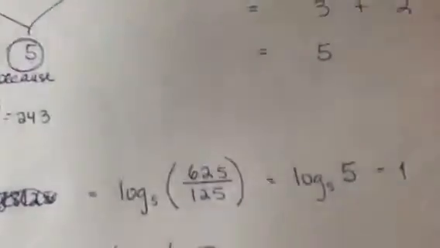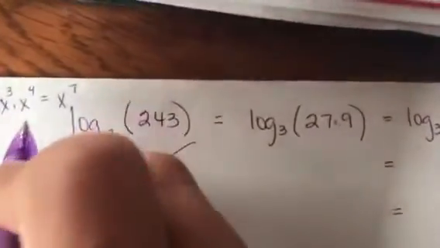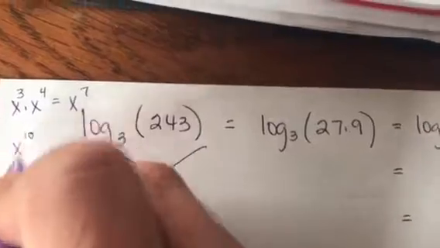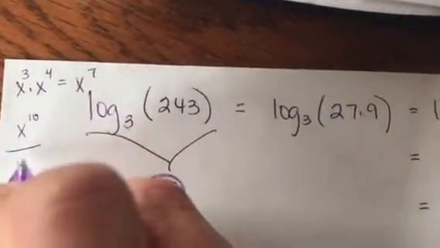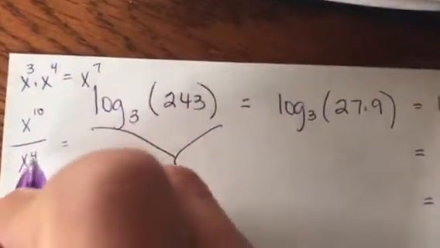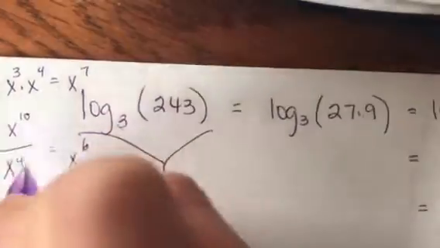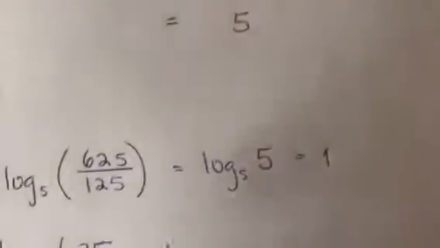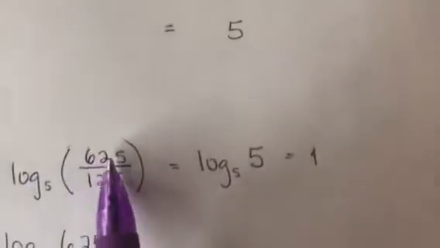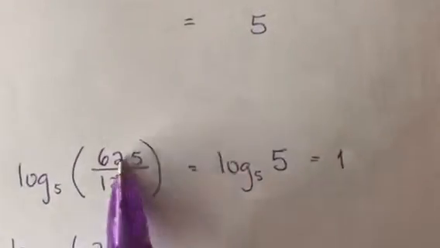Now, let's do something else, because we're going to do a whole bunch of these. Remember, if I had x to the 10th over x to the, I don't know, 4th, when you divide, do you remember you subtract your exponents? So that's kind of cool. So we're going to do the same thing right here. I'm dividing, and I'm like, ew, that looks really gross.